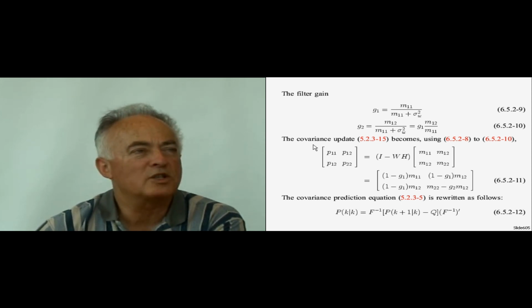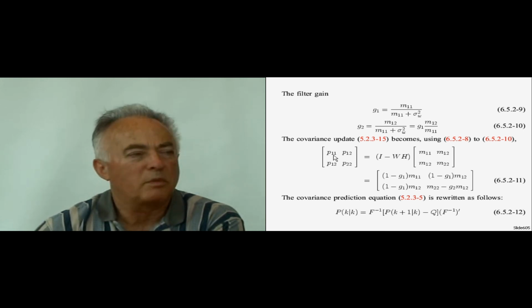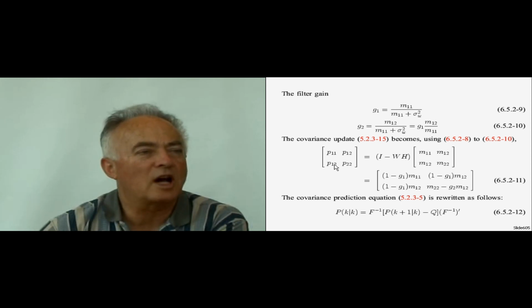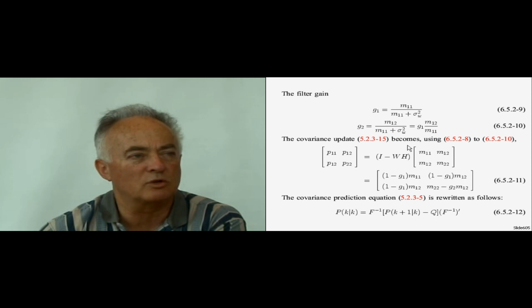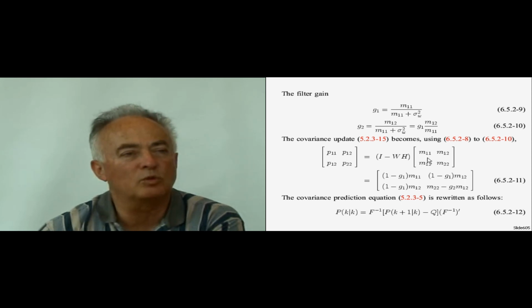Now, the covariance update equation, that is the P matrix. There are three elements here, and P21 again has been denoted as P12. It is (I minus W H), where W has components G1, G2, times the one-step prediction covariance matrix. Again, there are three m's here, m12 and here we have the same thing, m12.